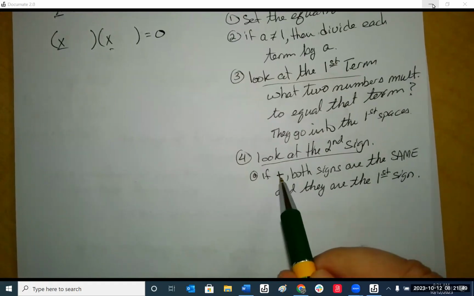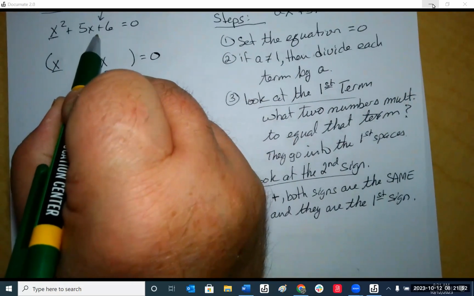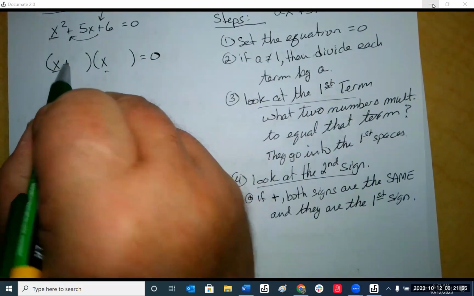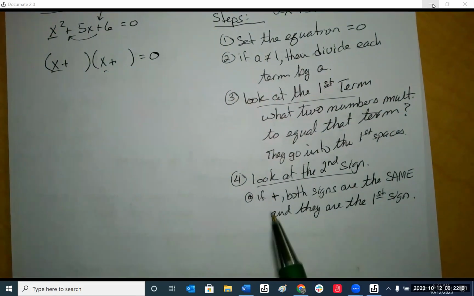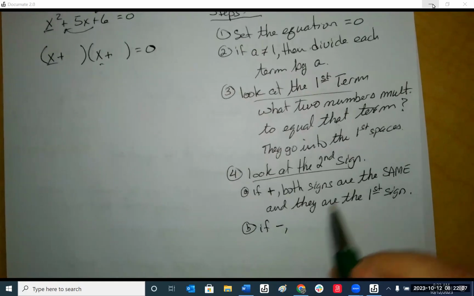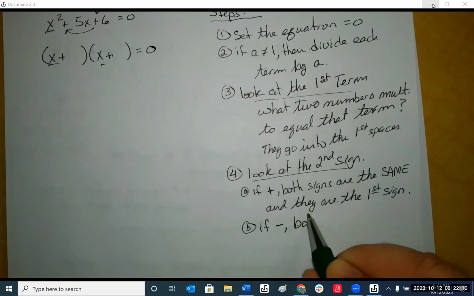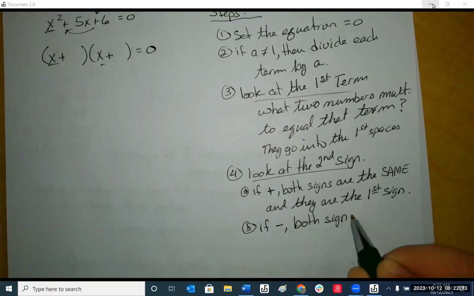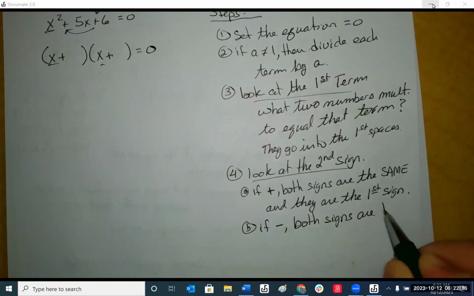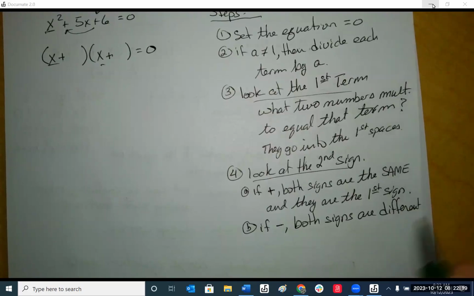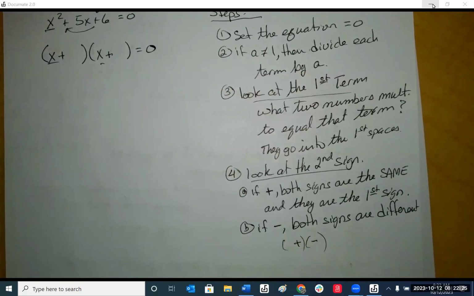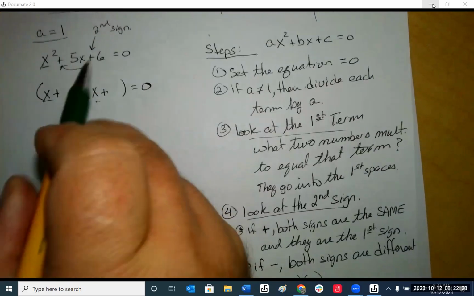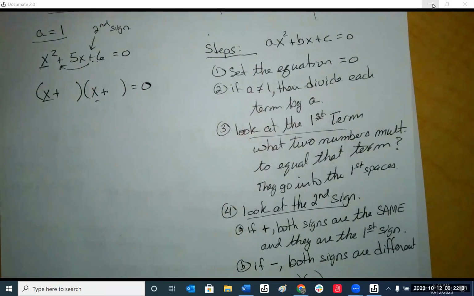If the second sign's a positive, then that means the signs are the same. They're whatever the first sign is. So that means they're both positive in this case. If it's negative, then both signs are different. You're going to have one plus and one minus inside the parentheses. Okay, since the second sign is plus, it's going to be both pluses.